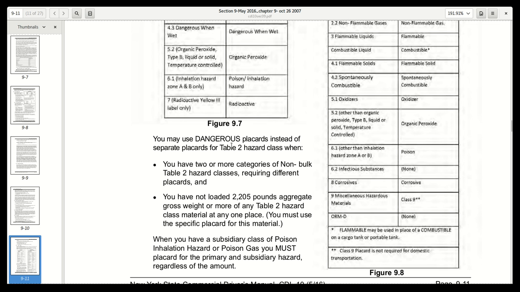You may use dangerous placards instead of separate placards for table 2 hazard class when you have both of these: when you have 2 or more categories of non-bulk table 2 hazard classes requiring different placards, and you have not loaded 2,205 pounds aggregate gross weight or more of any table 2 hazard class material at any one place. You must use the specific placard for this material.